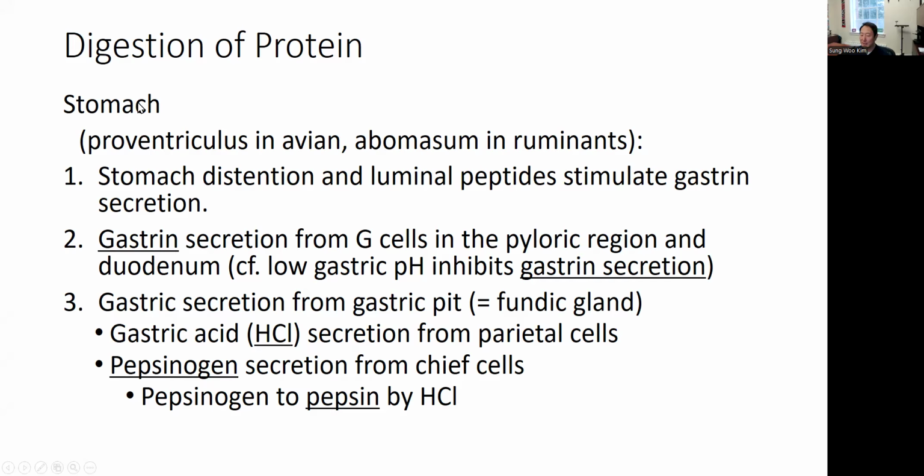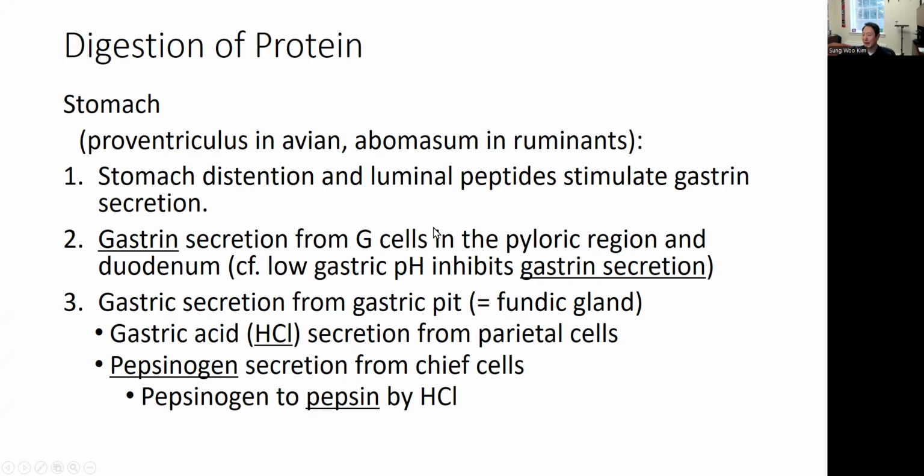Okay, so once the animal ingests food, there will be a distension of the stomach. The stomach will be full with food, and the peptides or parts of proteins in the stomach will stimulate the secretion of a hormone called gastrin. Gastrin is one of the digestive hormones controlling the digestive process. Gastrin is secreted from cells called G cells.